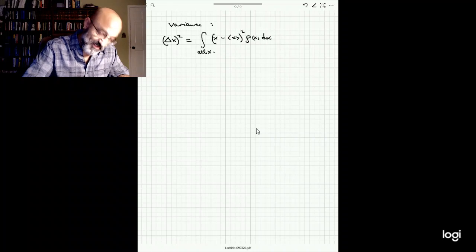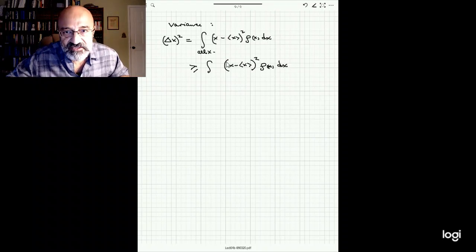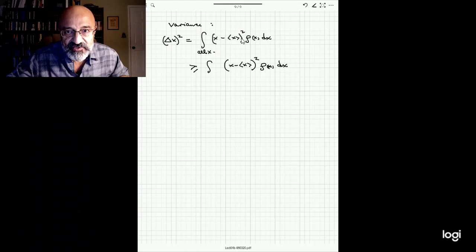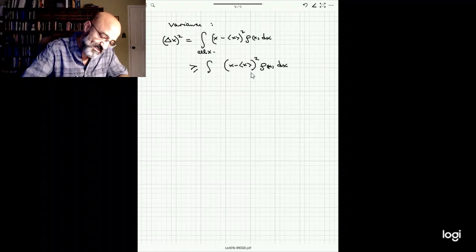Now, here comes the inequality. Whatever this is, it's going to be bigger if I take the same quantity, the same integral. Notice that this is positive, it's a square, and this is a probability density, it's also positive. Everything here is positive. So what I'm going to do is sum not over all x's, but eliminate part of the range.